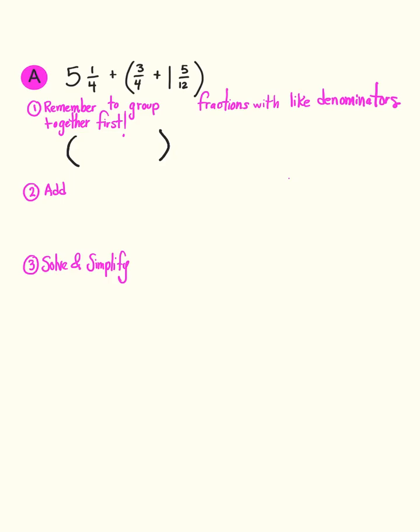So same numbers with same denominators here. Then you're going to add the one that's not the same. Plus the one that's not the same would go here. Now you're going to add those together. And then you're going to solve and simplify.